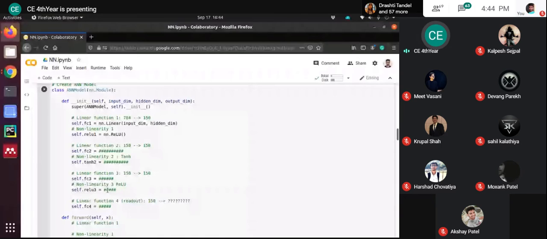Fine. So just try to create the remaining layers. The dimensions are already mentioned, so that might be helpful to you. And as we have already discussed, this final dimension will be 10.